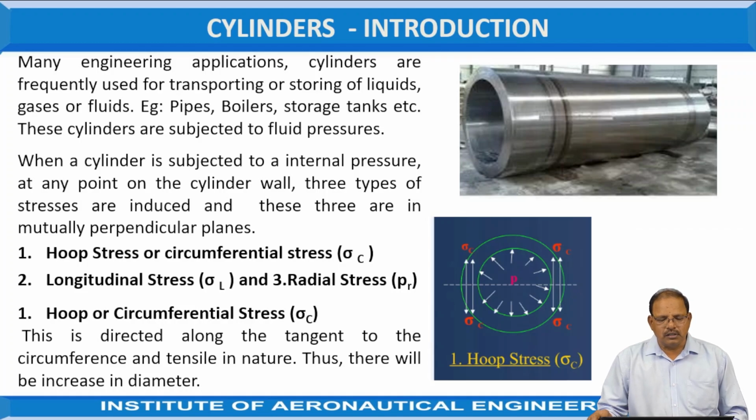Since the magnitude of radial stress compared with hoop stress and longitudinal stress in the case of a thin cylinder is very negligible because the cylinder thickness is very small, it is neglected. That means in the case of a thin cylinder, we consider only two types of stresses: hoop stress and longitudinal stress.